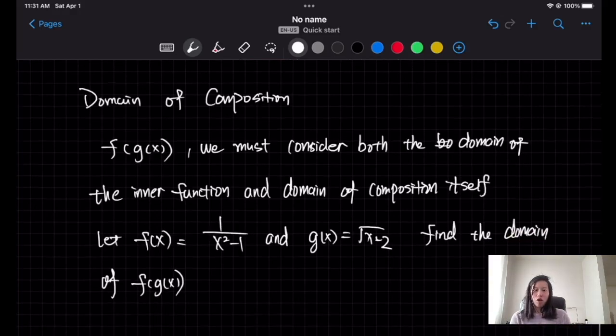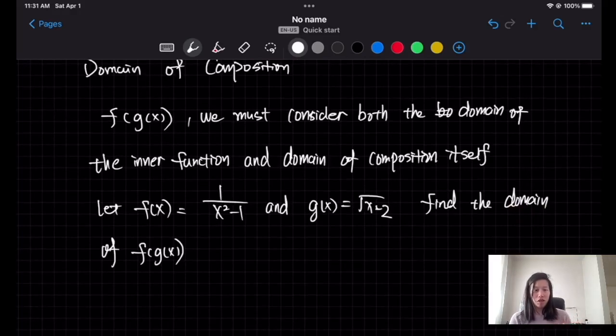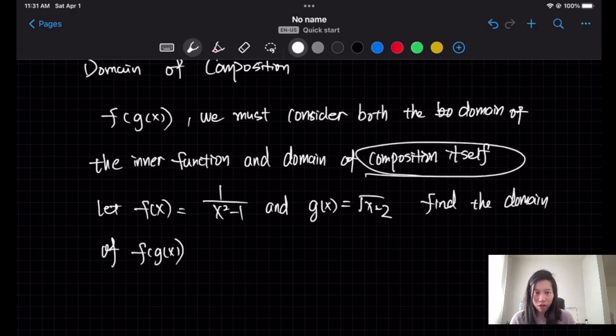Since you need to consider both the inner domain and the composition itself, the first thing I would recommend is to compose the function first.